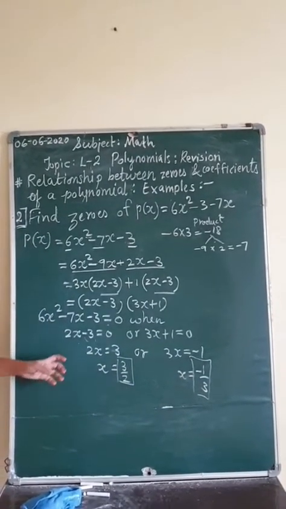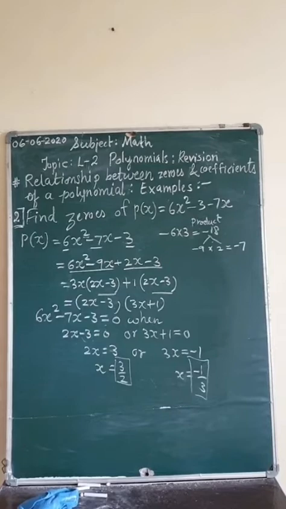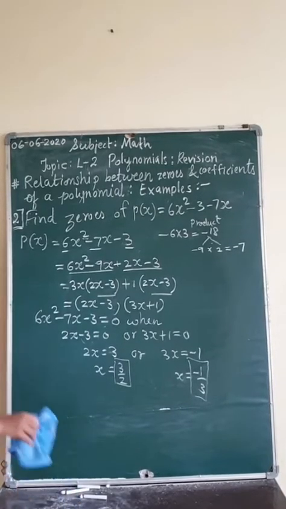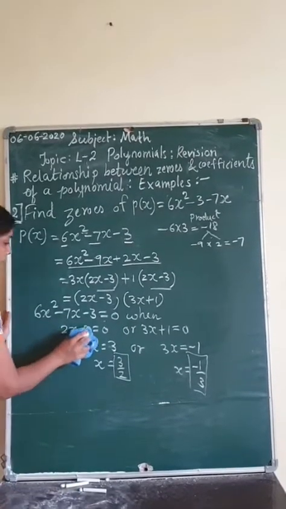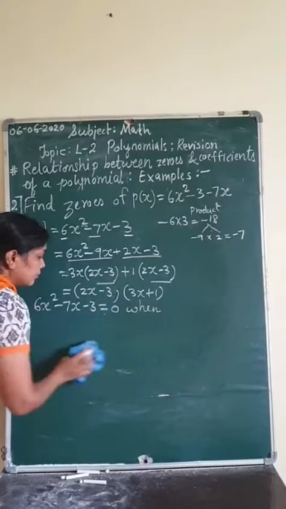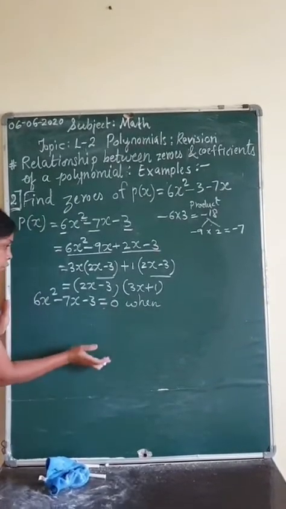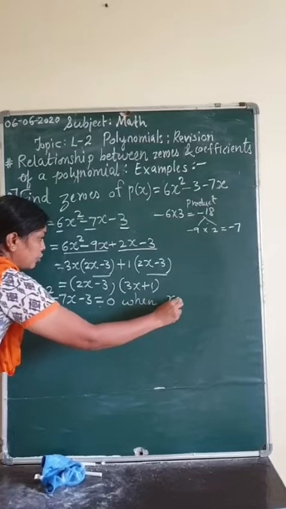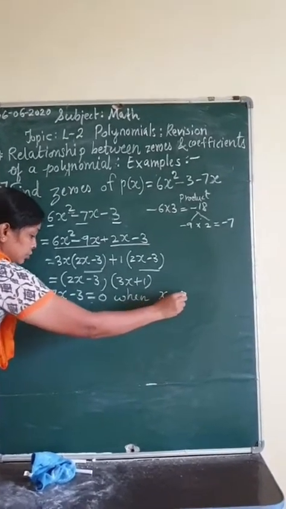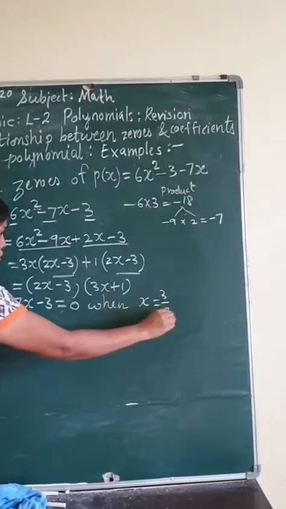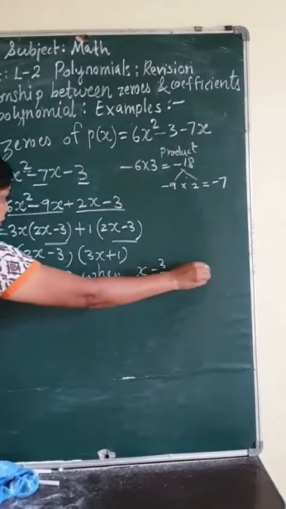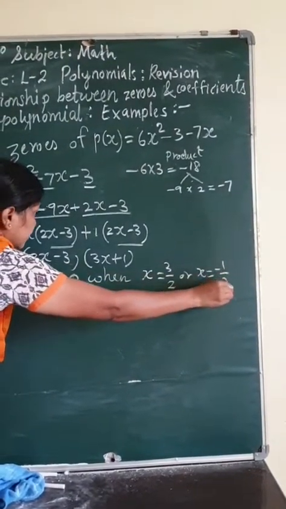So now you can see that these are the two zeros of the polynomial. We write these two zeros as x is equal to 3 upon 2 or x is equal to minus 1 upon 3.